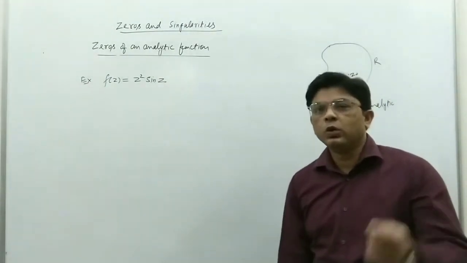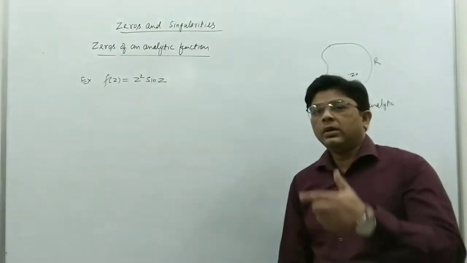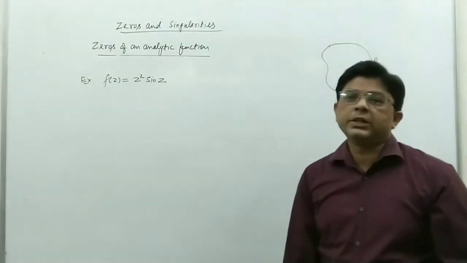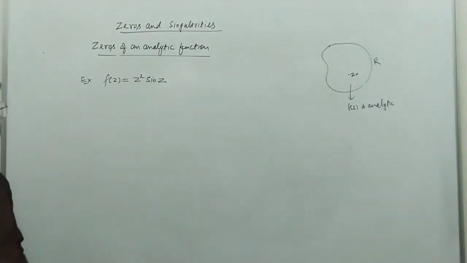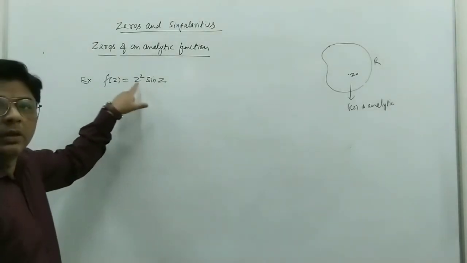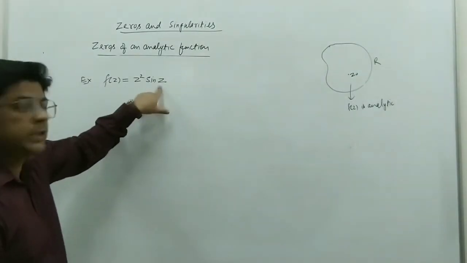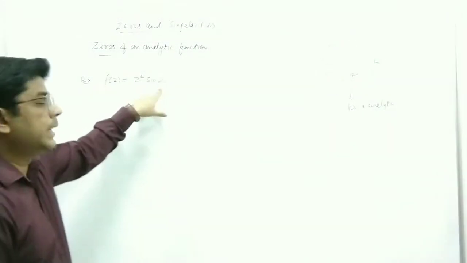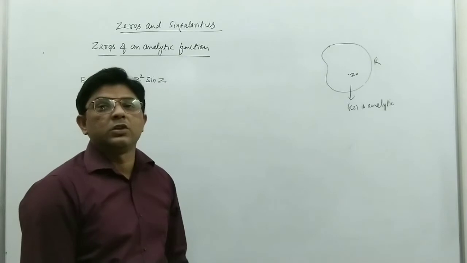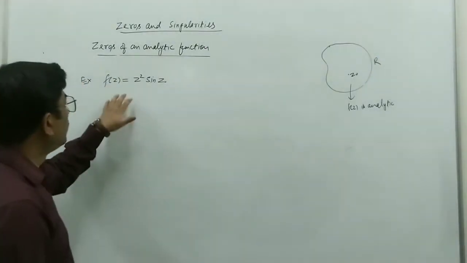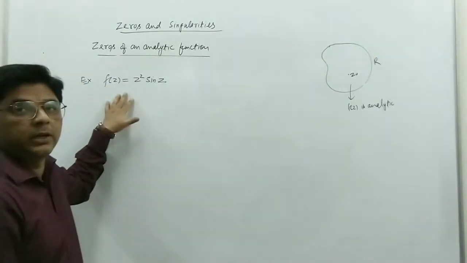Zeros are those values at which the function is 0. So here we can see that if we take z equal to 0, the function is 0. So it means z equal to 0 is a 0 of this function. But we also have to find the order of that z equal to 0.